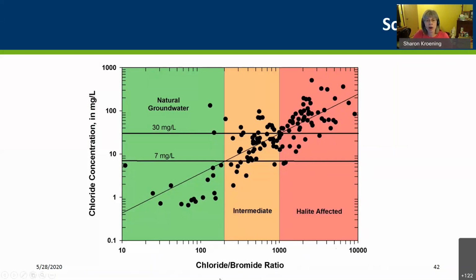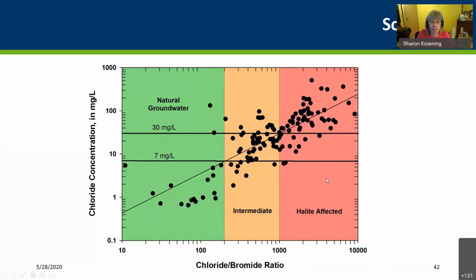And in the monitoring that we've done throughout the state, we've found that as you get higher chloride concentrations in the groundwater, it's typically due to an anthropogenic chloride source, either the wastewater, which would be indicated by this orange area shown by intermediate, or by de-icing salt or water softener salt, which is shown by the reddish area.